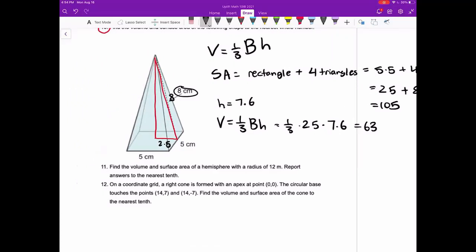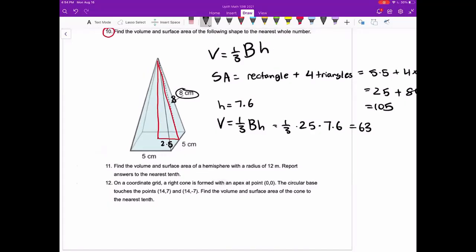When you're finding the height of the triangle, you have to use half of the base for the bottom side. If you're unsure, you could always just draw out the triangle and see that it can't be 5 because it's too short. That's also a really good way of doing it.